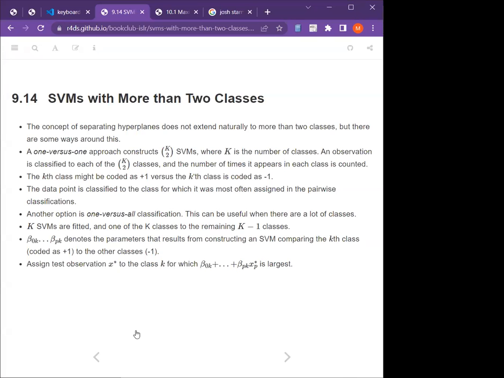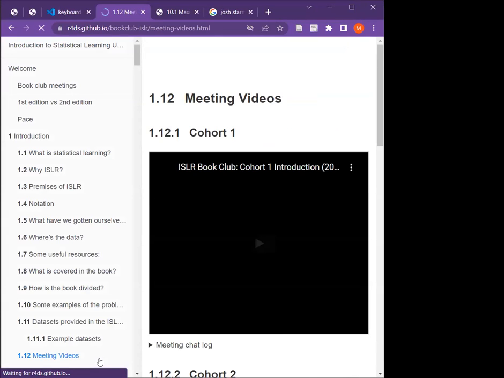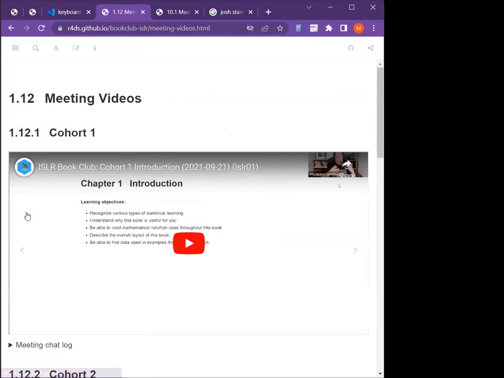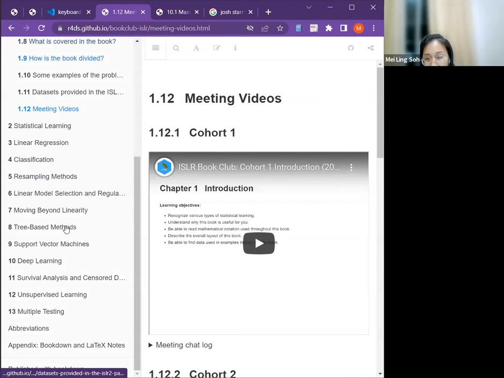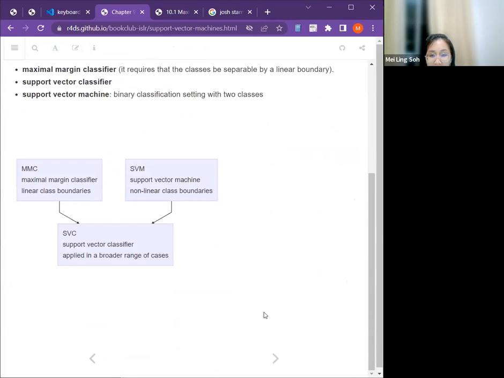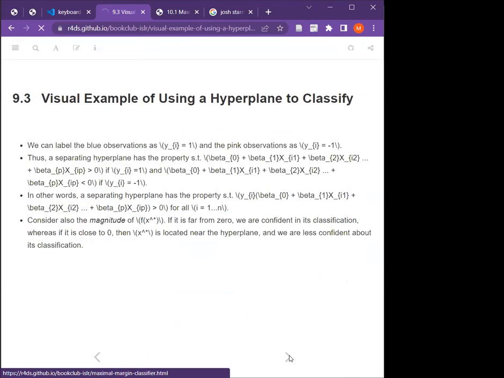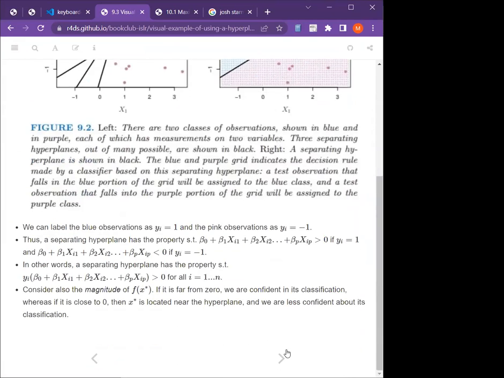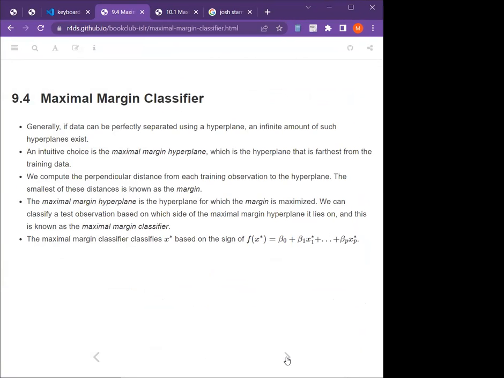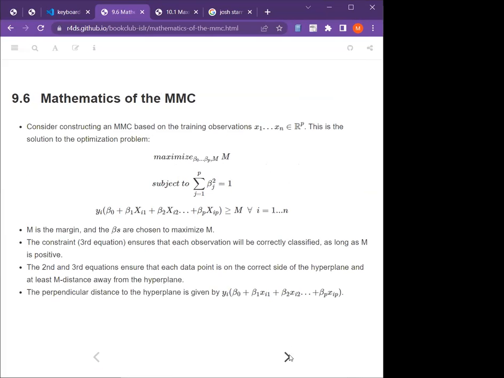There were two pictures, close to the last one, I suppose. There were two hyperplanes, and on the right side there were like 3 circles. I didn't understand that part.